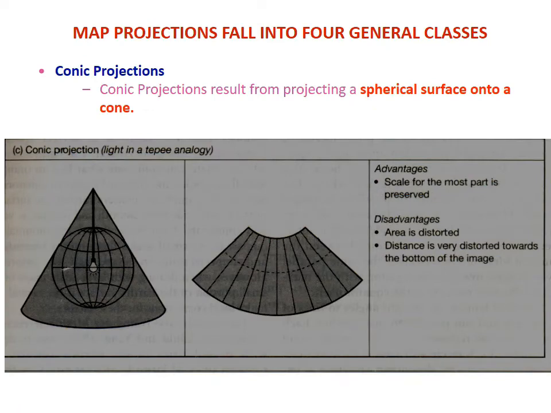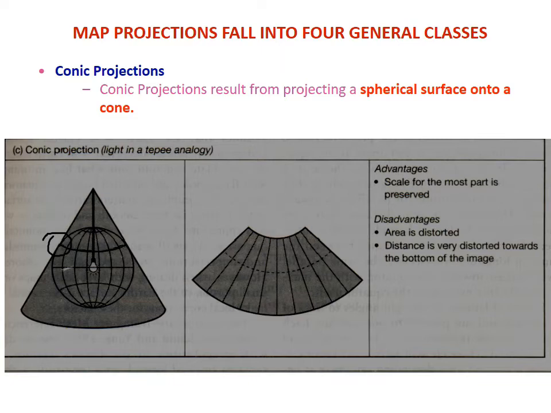The next one is the conic projections. Conic projections result from projecting a spherical surface onto a cone. The difference between a cylindrical surface and a cone surface is that the sides of the cone are tangent to the earth surface. That means only at one latitude does the cone touch the earth.